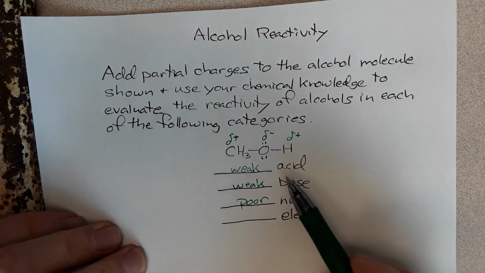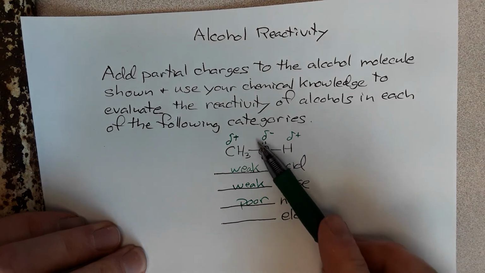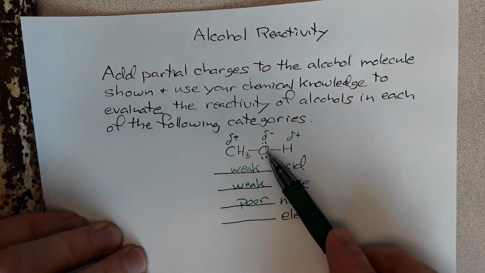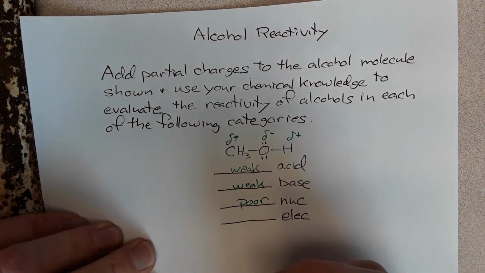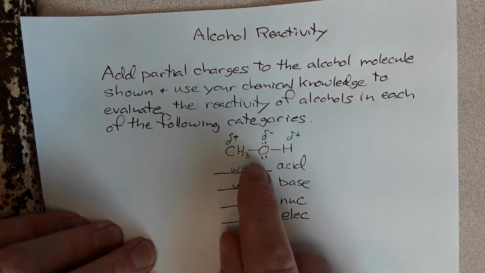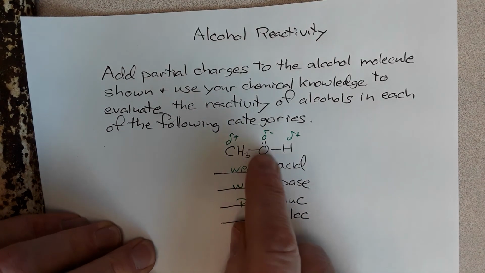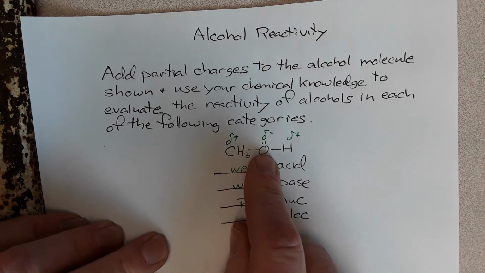What charge stabilizing characteristics do you need? And remember, when we talked about this, we said you had to have at least 2 charge stabilizing characteristics, and one of the ones that this one has is that you have an electronegative atom.